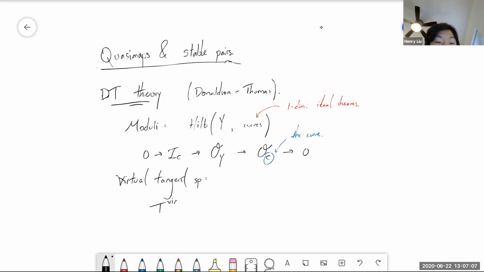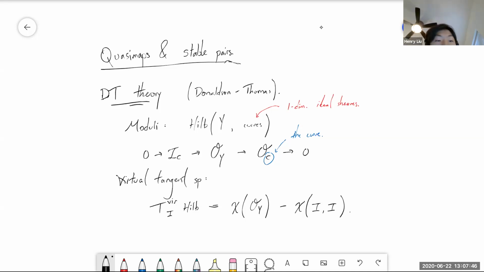This is like a stand-in for the usual tangent sheaf, except it's much better behaved. I don't want to go into the actual details here, but if you fix your ideal sheaf I, then the virtual tangent space at that point in your moduli space will just be something like chi of the structure sheaf minus chi of the ideal with itself.